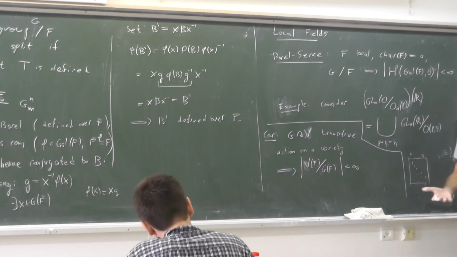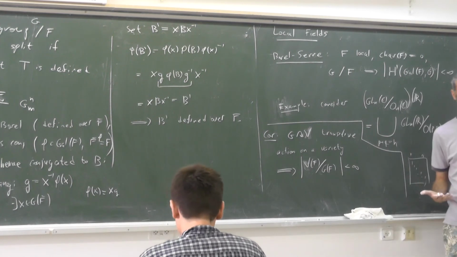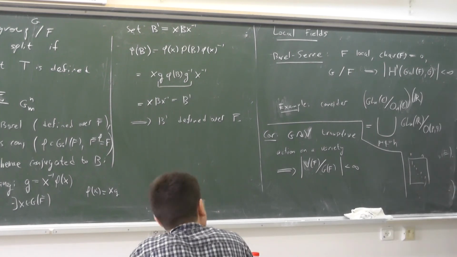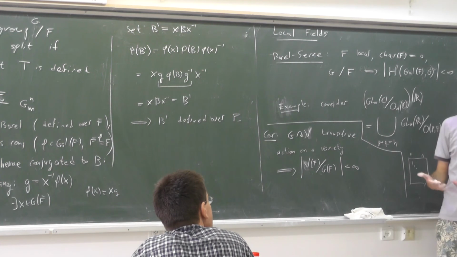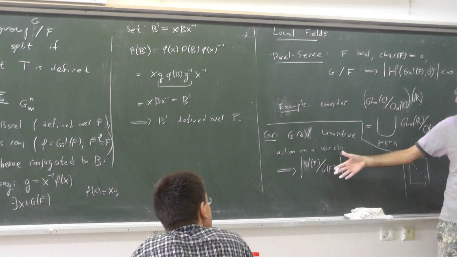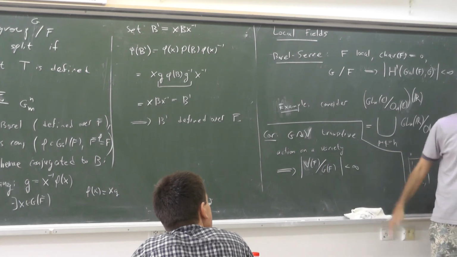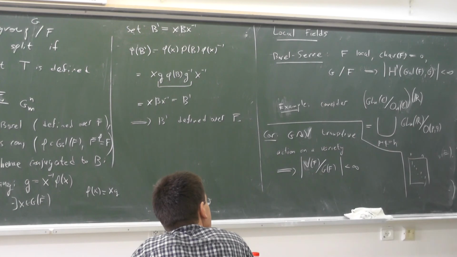Of course, when I have a general action, it decomposes nicely over the algebraic closure into orbits. But over F, every orbit decomposes further. The claim is that it decomposes further into only finitely many. So this is a very useful fact, and the proof of it is the exercise that I gave you at the beginning of the previous lecture. I'll write it again on the board, just to remind you when you get the break.